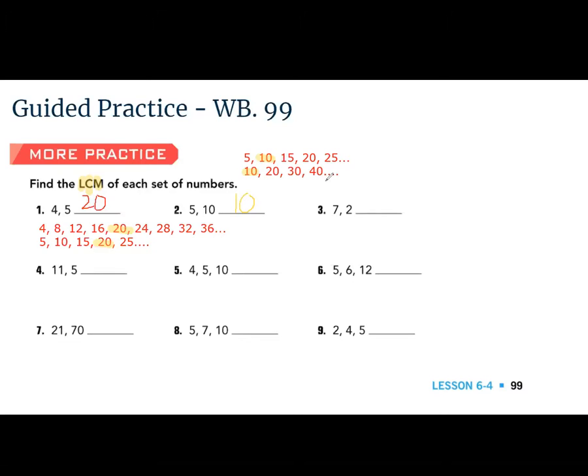How about between number 3, 7 and 2? 7 and 2, what would the least common multiple between 7 and 2 be? I have Santo telling me 14. What do we think about 14, everyone? All right, and if we did it listing method, we would be saying in our mind 7, 14, 21, right?